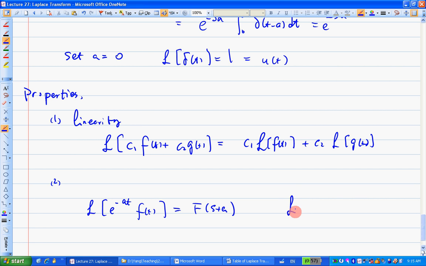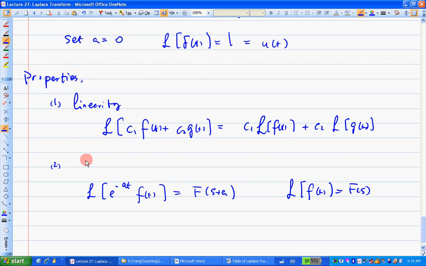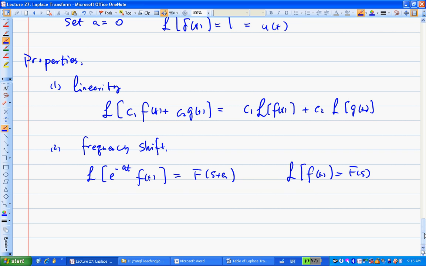And always remember, when we have a capital F there, that's the Laplace transform of f of t. This property has a name called frequency shift, or s shift. That's the second property. Sometimes you can use this one to get what you want.